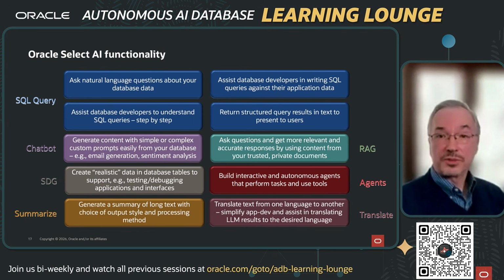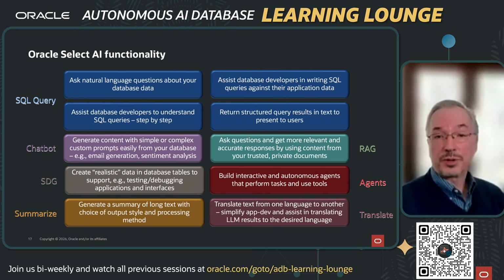Select AI also supports generating synthetic data. Here you use your LLM to create data that matches your database structure. And this is especially useful for testing, debugging, or kickstarting new projects when real data isn't available. On the agent front, Select AI forms the foundation for the Select AI agent framework and enables creating and running in-database AI agents to automate tasks and streamline processes.